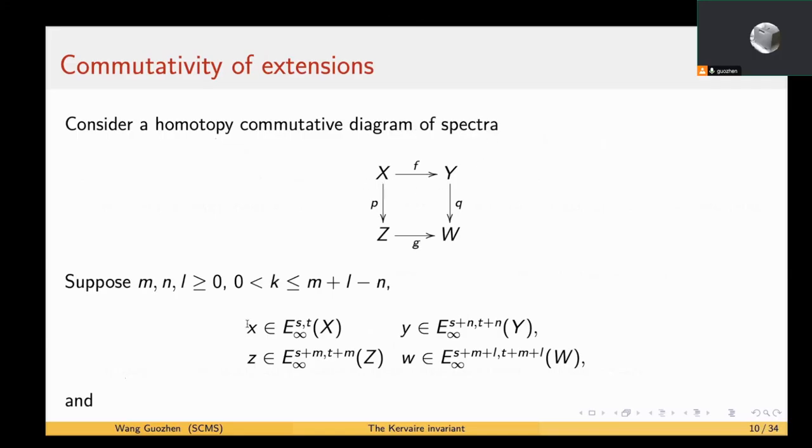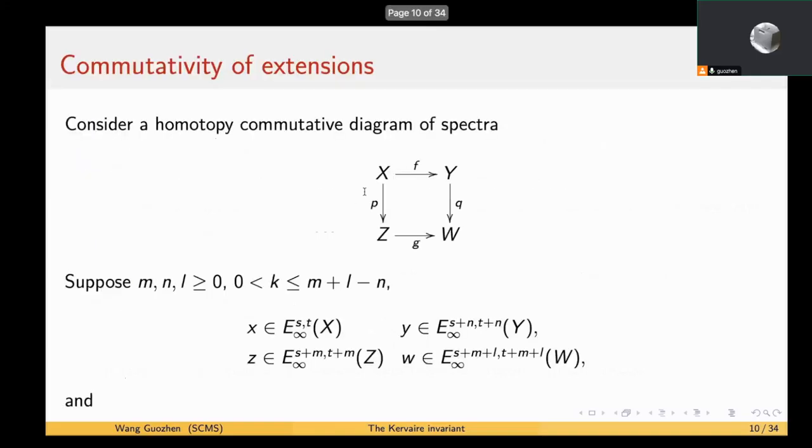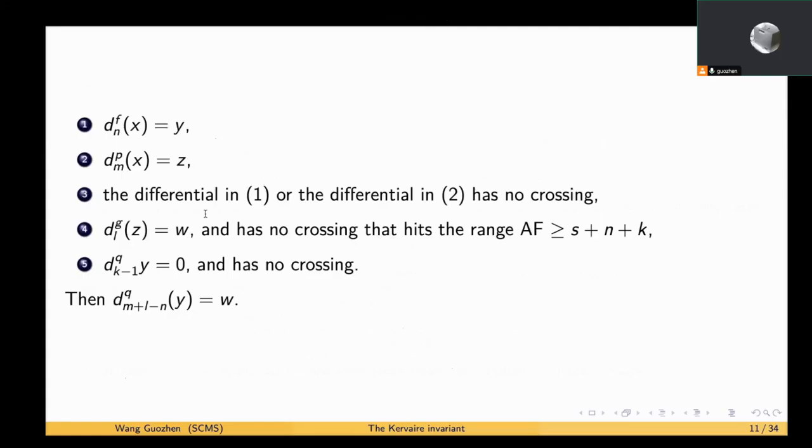Now suppose we have elements x, y, z, w in the E infinity terms of X, Y, Z, and W. Now we suppose there is an F extension from x to y, and also a P extension from x to z. So an F extension from here to here, and a P extension from here to here. And moreover, we suppose that the differential in 1 or the differential in 2 has no crossings.